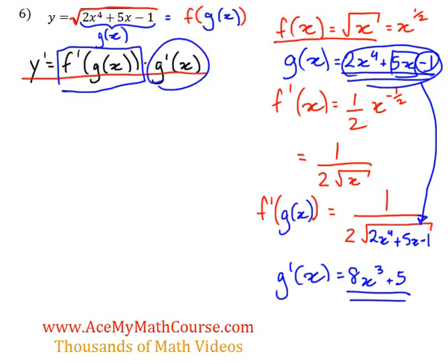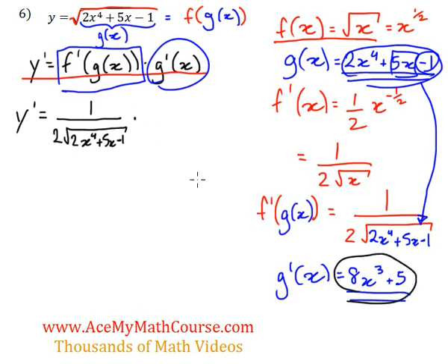Great. Now we can finally write down the answer. Y prime, or at least put it together. F prime of g of x is just 1 over 2 times the square root of 2x to the 4 plus 5x minus 1 times g prime of x, which is just 8x cubed plus 5.